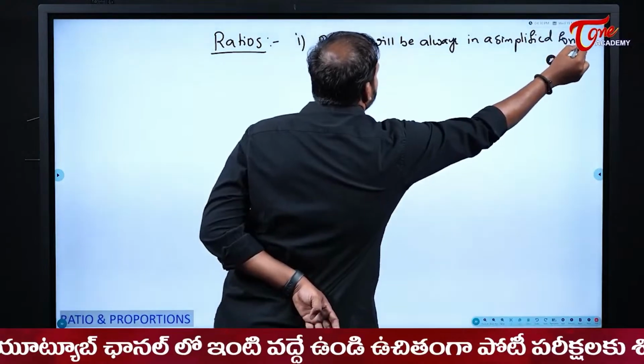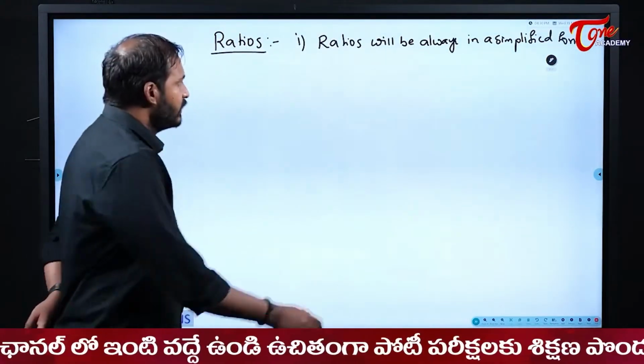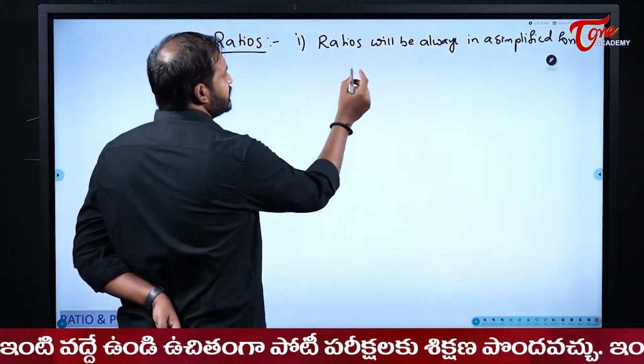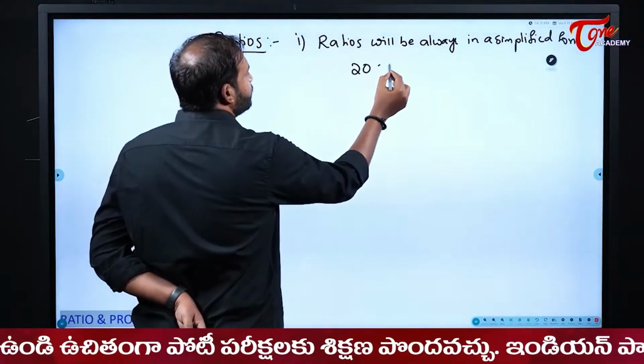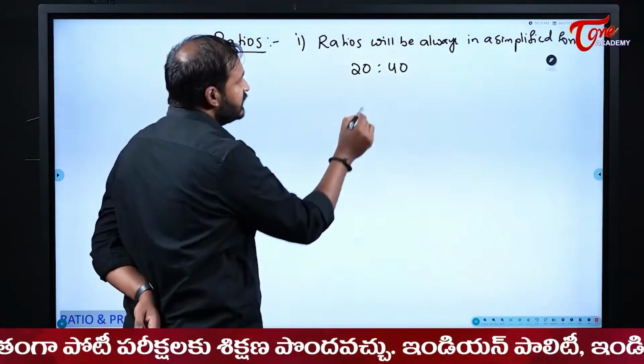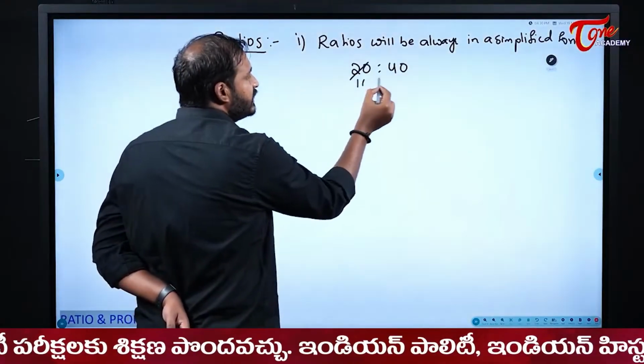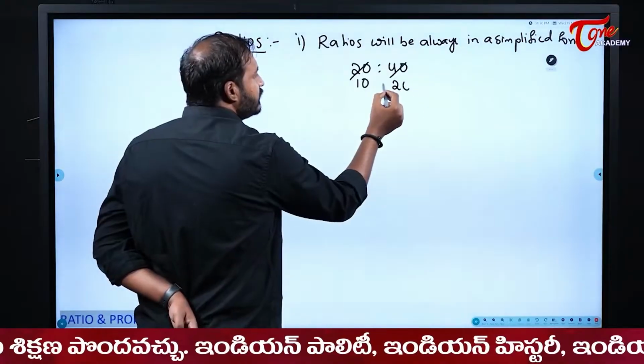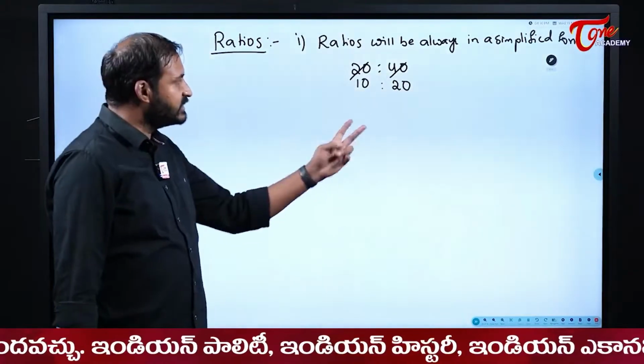That means the ratio should always be in a simplified form. For example, if I have something like 20:40, I can cancel it with the 2 table and write it as 10:20. See here, students, I can further simplify it, right?